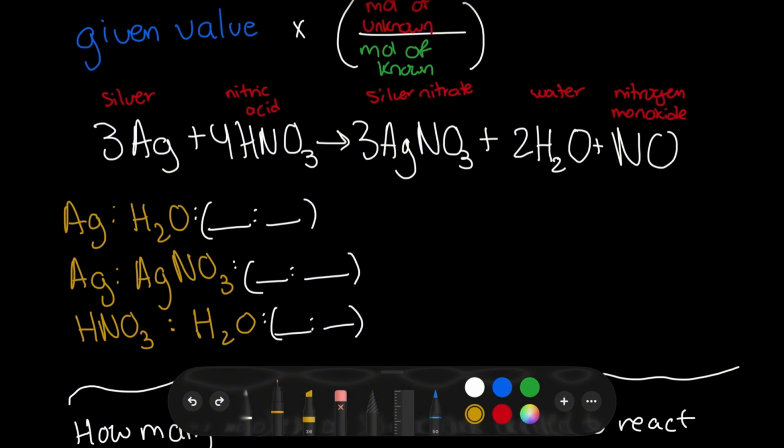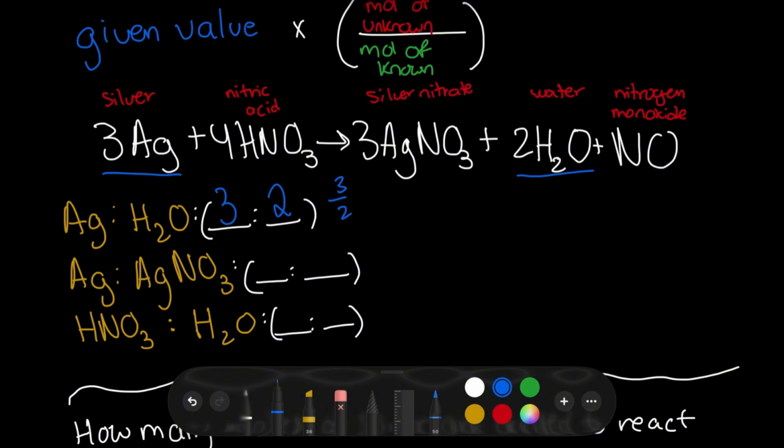So how many silver moles do we have in this equation? We have 3 Ags, and water, we have 2 H2Os. So the ratio from silver to water is 3 to 2. You can also rewrite it as a fraction of 3 over 2.